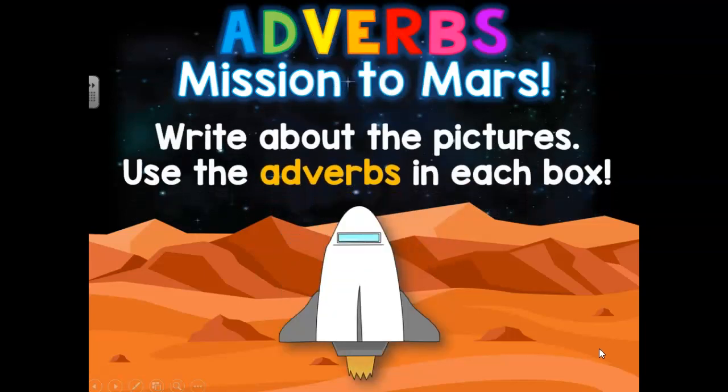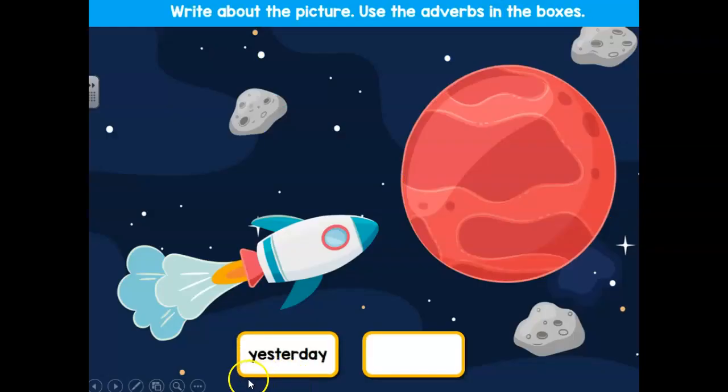All right, now we're going to look at the picture and use the adverb in a sentence. Let's look at the first one, and I will help you with it. All right, we have two adverbs. We have yesterday and quickly. How could I make a sentence with this picture and yesterday and quickly?